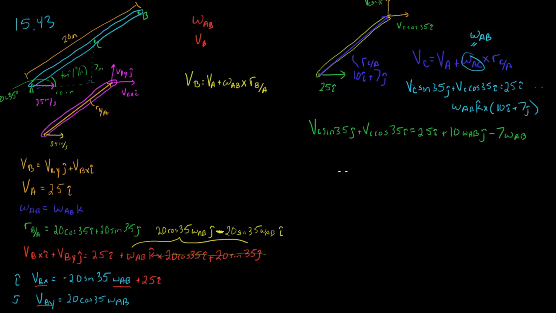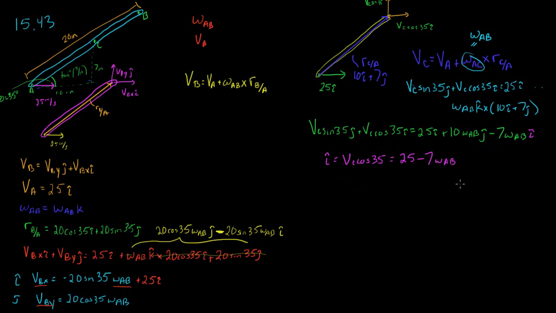Okay, now let's equate our I and J components. Our I components right here, we have VC times the cosine of 35 is equal to 25, didn't forget it this time, but I forgot that I, minus 7 omega AB.